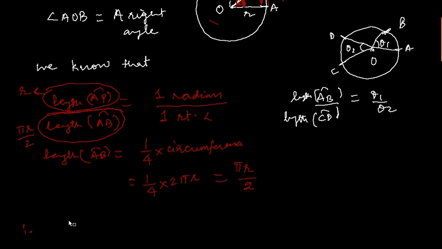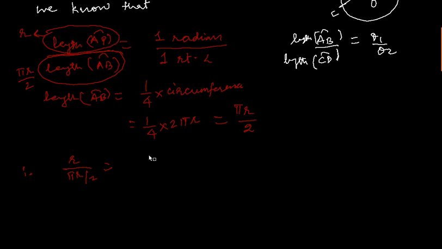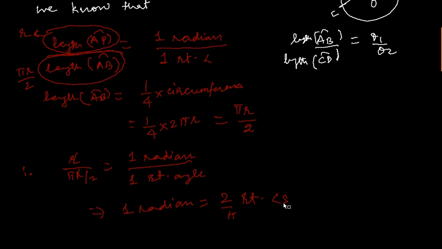Therefore we have r upon pi r by 2 is equal to 1 radian divided by 1 right angle. So it means that 1 radian is equal to, r cancels, 2 by pi right angles.